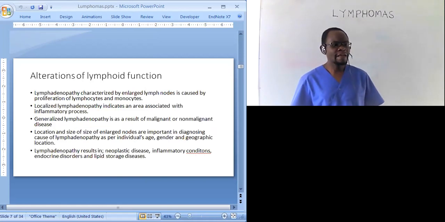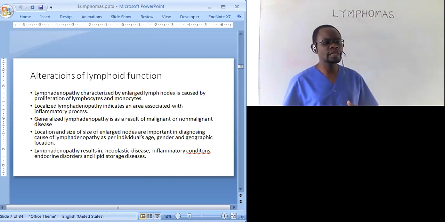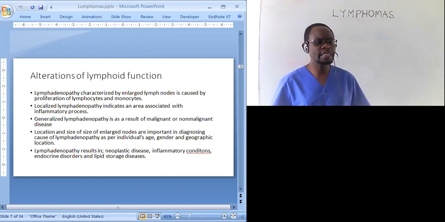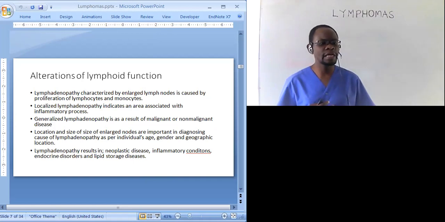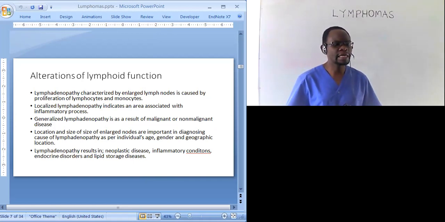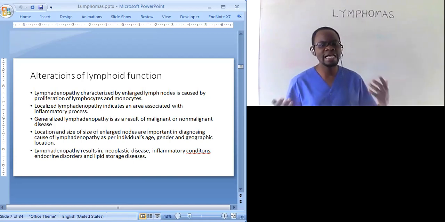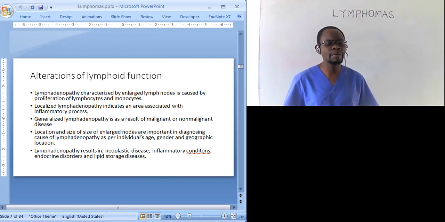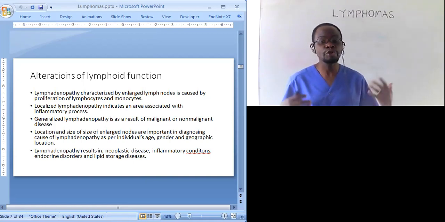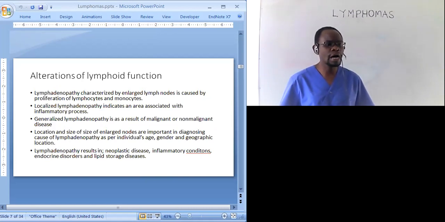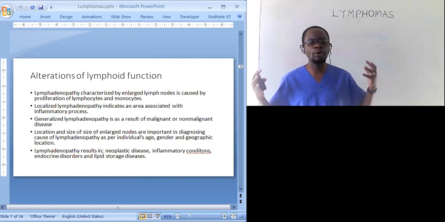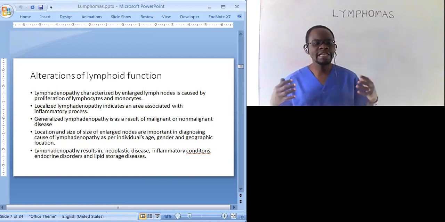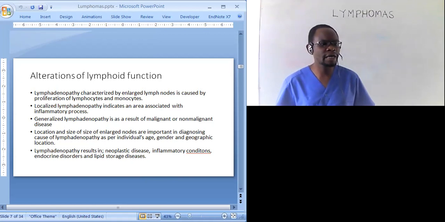Now, there can be alterations in lymphoid function, and this is where you have issues like lymphadenopathy. Lymphadenopathy might be as simple as a result of infection, but we can also have lymphadenopathy as a result of tumors. These are the changes from normal lymphoid function.